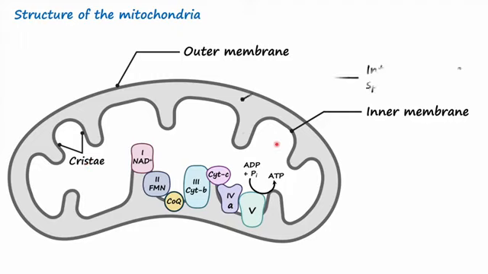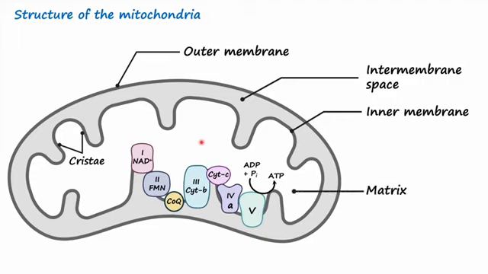Next is the intermembrane space, which is the space between the inner membrane and the outer membrane. And last is the mitochondrial matrix, which is the space inside the inner mitochondrial membrane, and it contains most of the enzymes involved in the TCA cycle, as well as the enzymes involved in fatty acid oxidation.